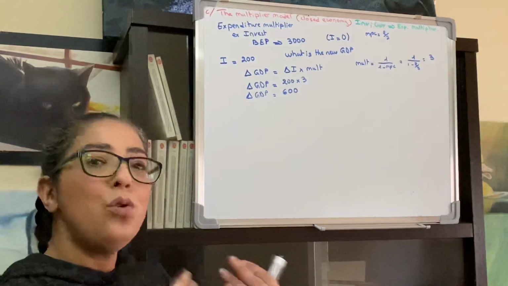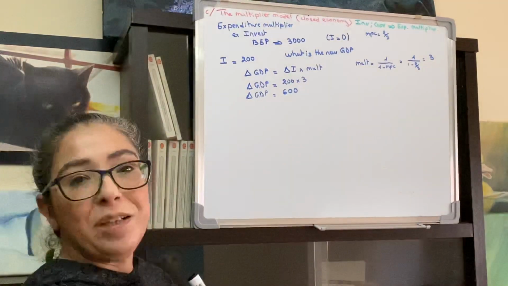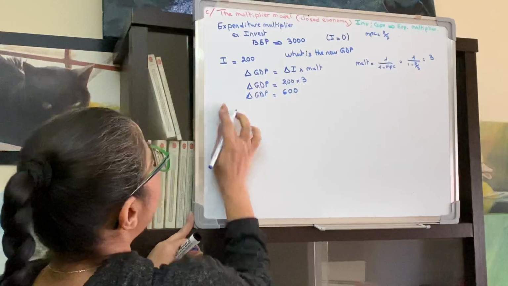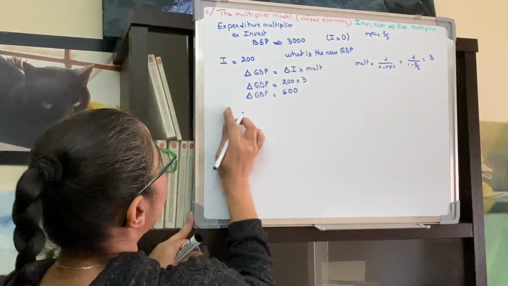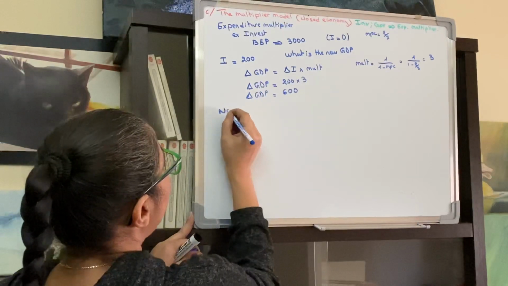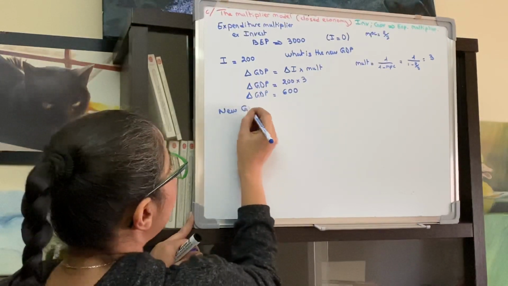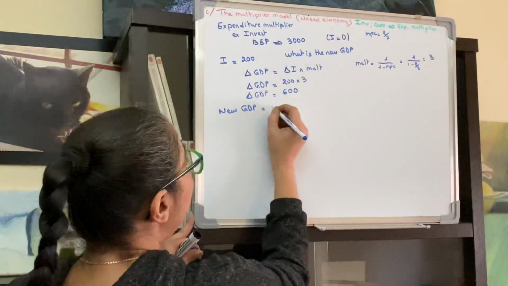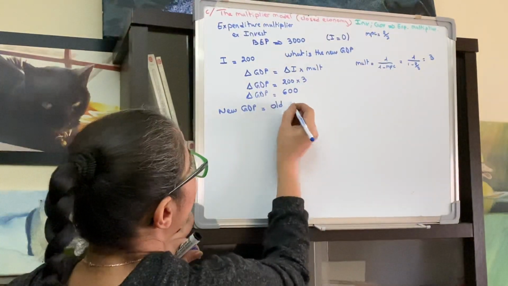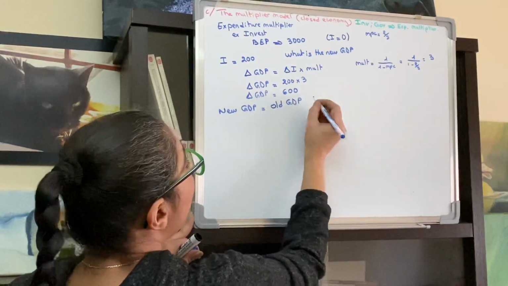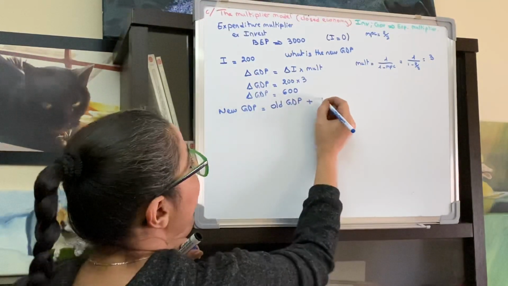So what's the new equilibrium GDP? The new GDP, I'm going to write a rule here and then I'm going to use it. New GDP is equal to the old GDP that you had at equilibrium, of course, plus whatever change you have in GDP.